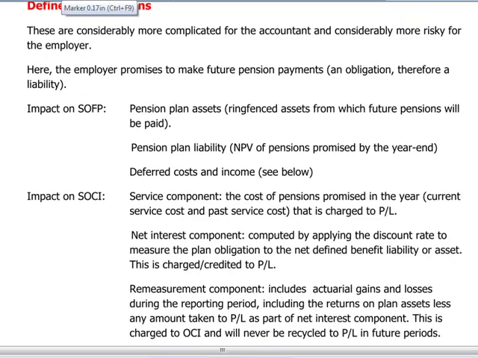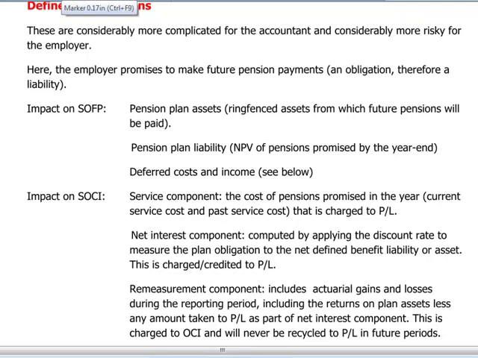Here we will have the plan assets, which are ring-fenced from the assets of the company, meaning they are not under the control of the company. They are a separate legal entity controlled by a board of trustees. We have a pension plan liability, reflected at the net present value of the pension promises made by the year end, and some deferred costs and income.